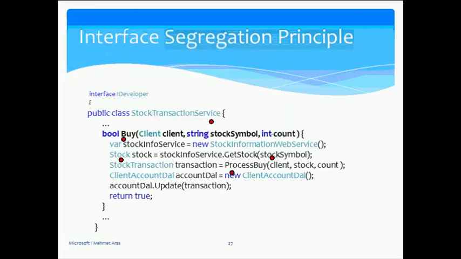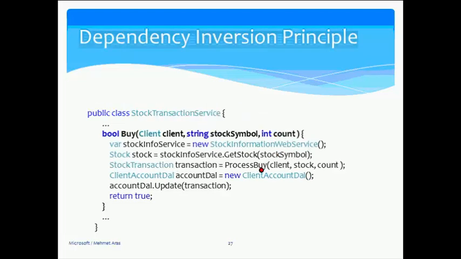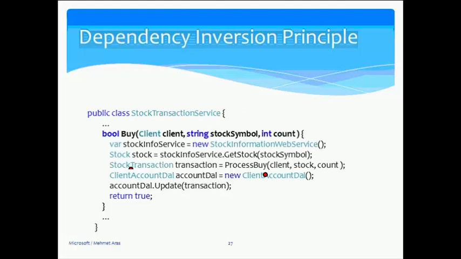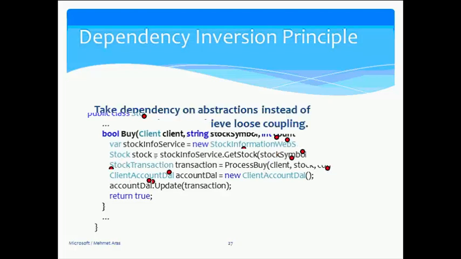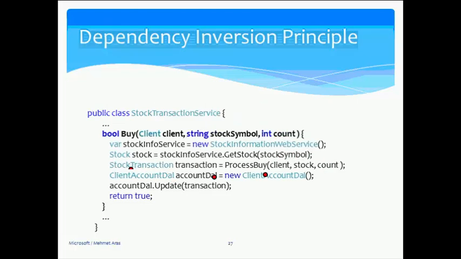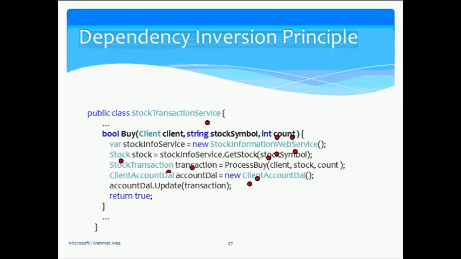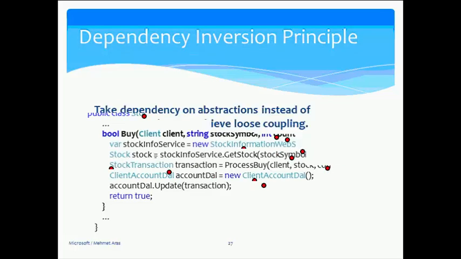And then I process the purchase request. And then I get the stock transaction details, just the details about my transaction. And then apparently I have some sort of a data access layer where I store that information. Maybe this is a database or file, or I'm not so sure, but this is where I store those results.